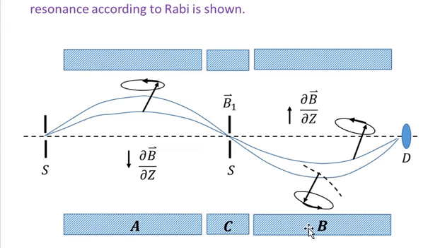A and B are oriented in such a way that the inhomogeneous magnetic field produced by magnet A will be cancelled out by magnet B. A and B provide inhomogeneous magnetic fields in opposite directions, and C provides a homogeneous magnetic field.